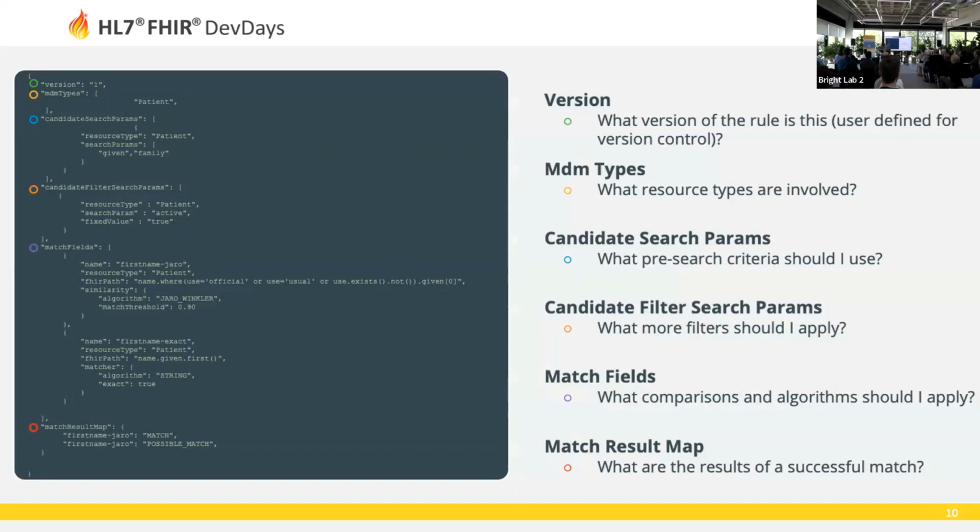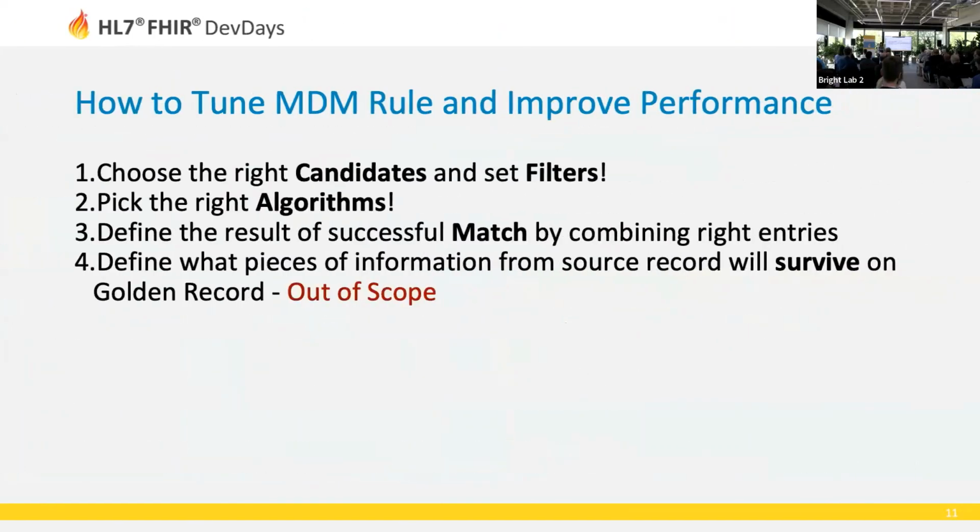We do versioning, we have MDM types, candidate search param, candidate filter search param, match fields, and match result map. So these are different fields in the MDM rule. Here's an example for it. It's too tiny for you guys to see.